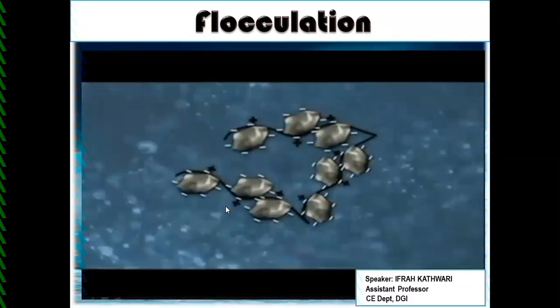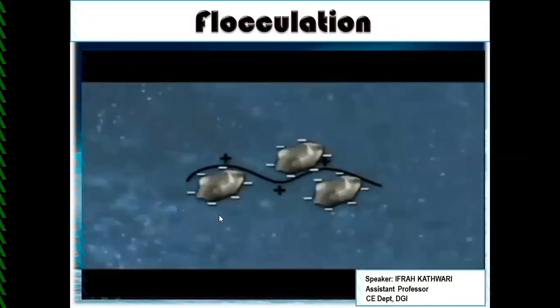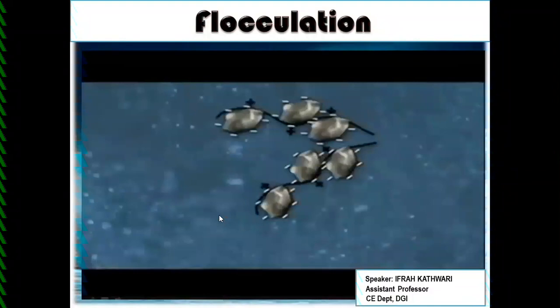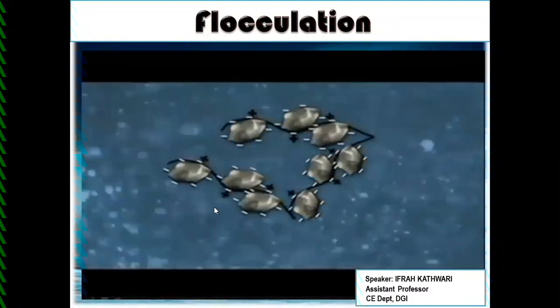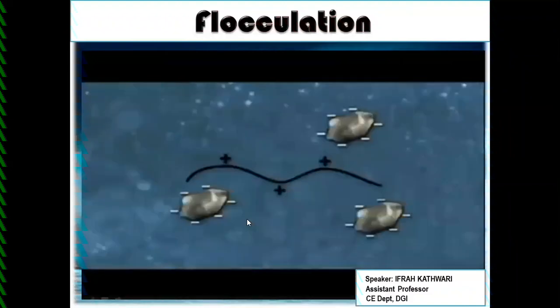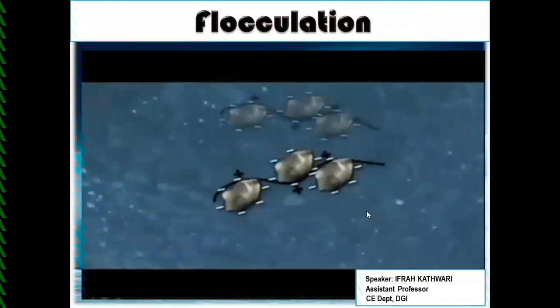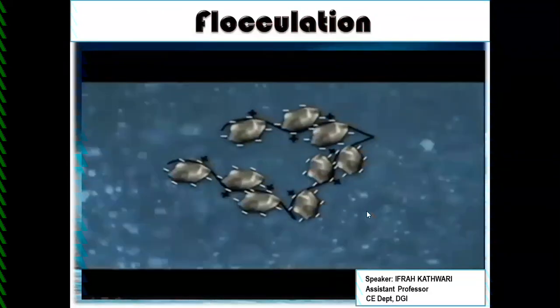Coagulants act as positively charged chemicals. So they form a bridge, and hence a large particle is formed. This is the flocculation process.